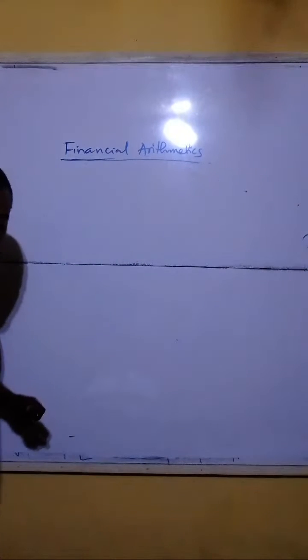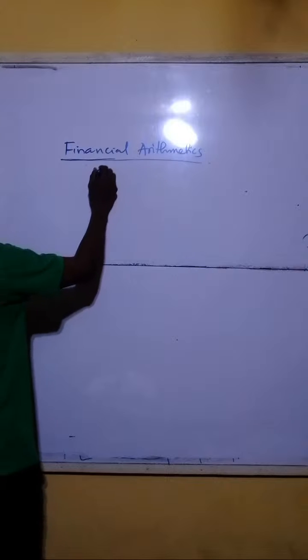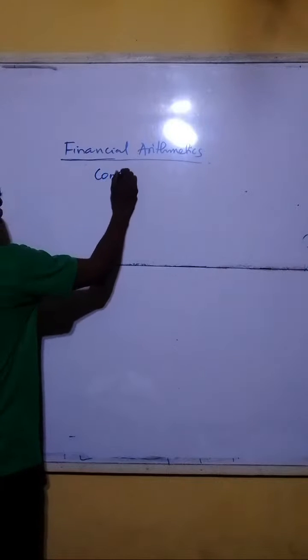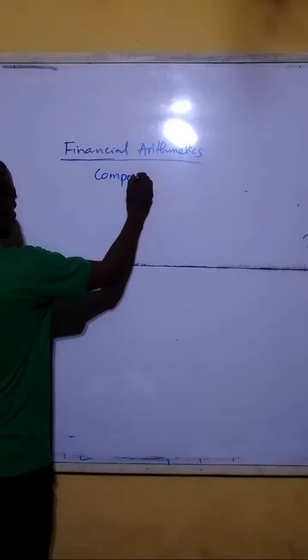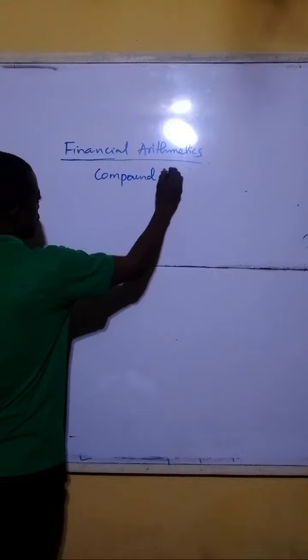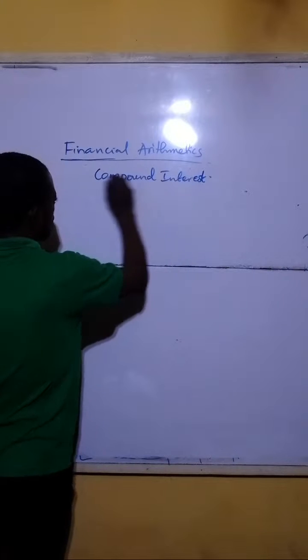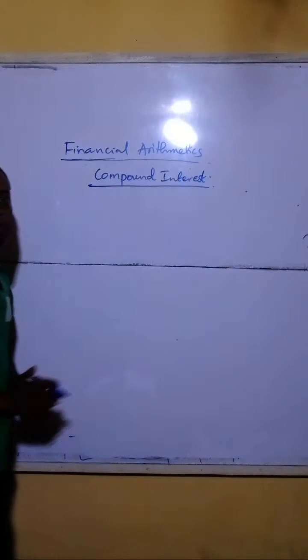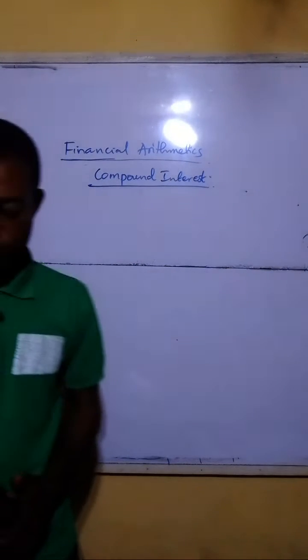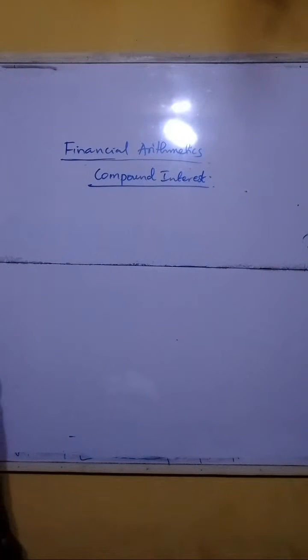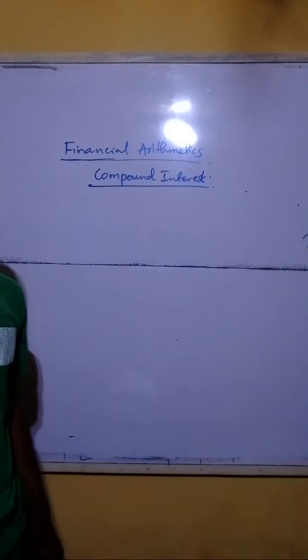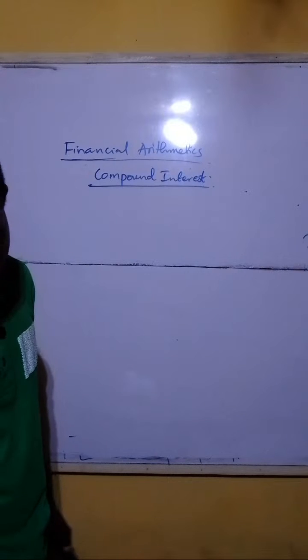We are not going to be handling everything at once. We take it yearly. So the interest is compounded at the end of every year. So it's compounding every year. So that's why it is called compound interest.